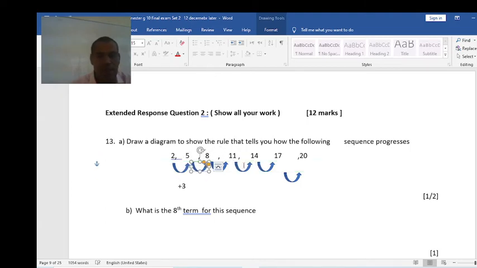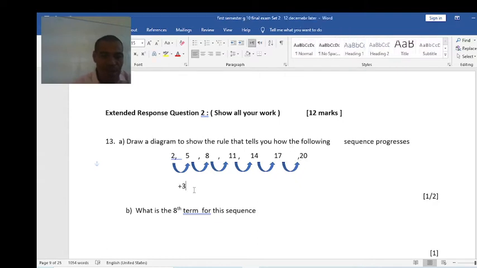Okay, and this one will go up. Okay, and here we'll just make plus 3, plus 3, plus 3, plus 3, plus 3, and plus 3. So this is the correct answer. The diagram should be written like that.